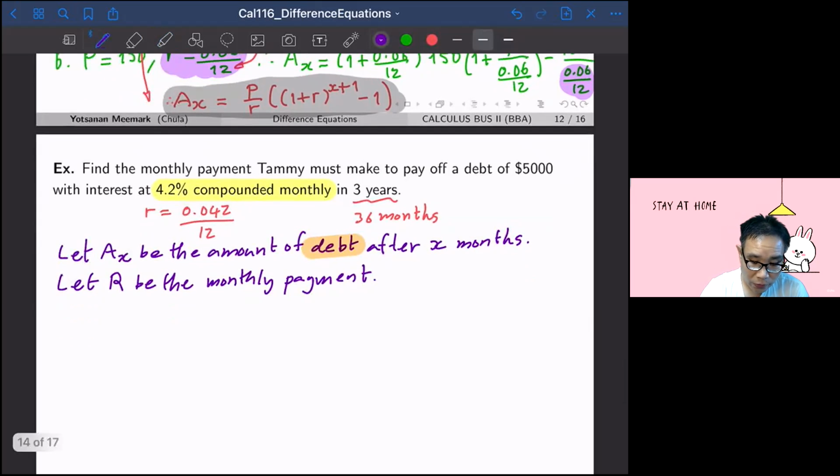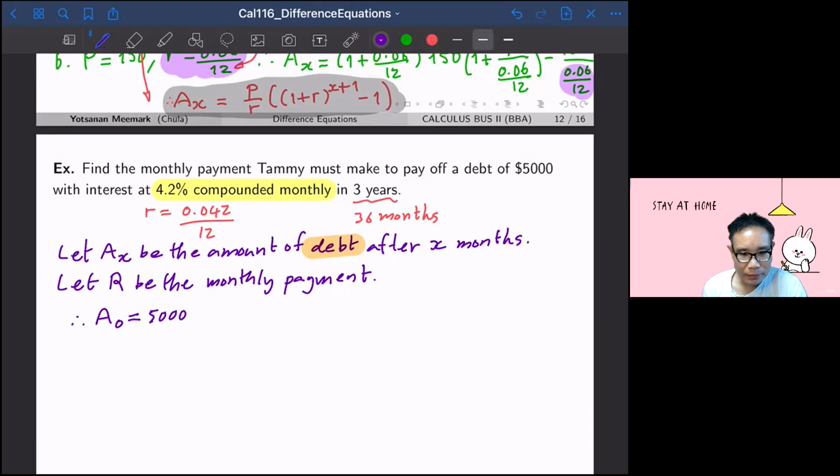So you would have A(0), which is the amount of debt that you have at first. So it's going to be 5,000. Okay, so you don't pay anything back right at that first month, at that initial month.